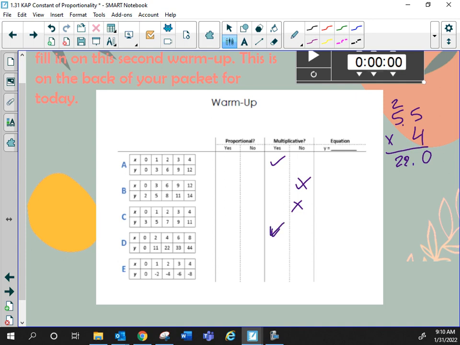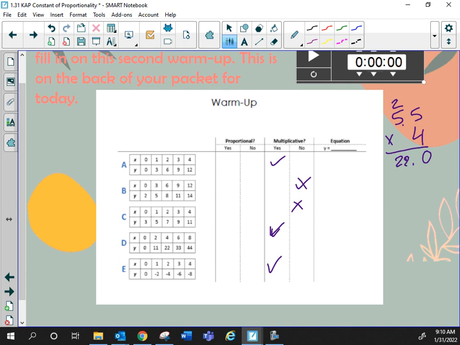Can we multiply by decimals? Yes, of course we can because we're big kids. Okay, and then the next one, multiplicative. Yes, what are they multiplying each time? Times -2. Very good.